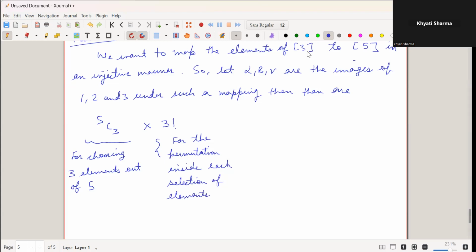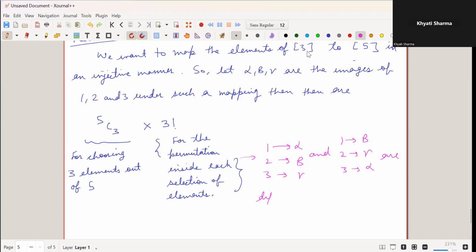Just to say a bit: 1 going to alpha, 2 going to beta, 3 going to gamma, and 1 going to beta, 2 going to alpha, 3 going to gamma are different maps, right?